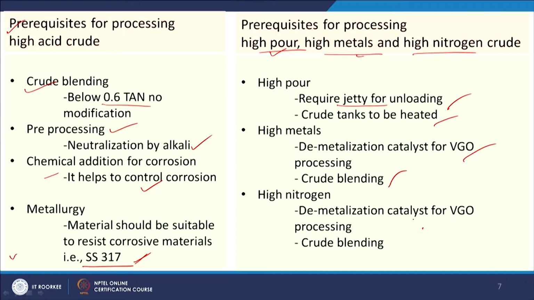For high nitrogen concentration crude, we have to add some denitrogenation catalyst for VGO processing, and crude blending is also another option. So, these are the prerequisites to process heavy crude having high TAN, high pour point, high metals and high nitrogen.